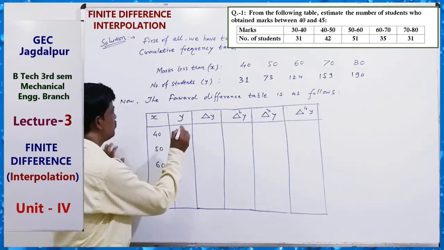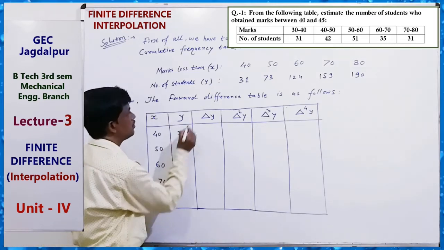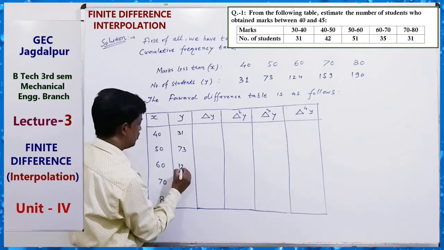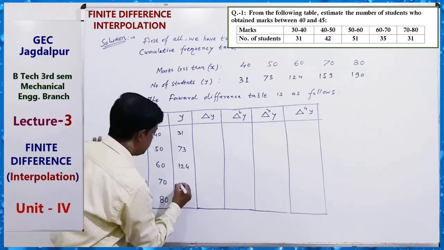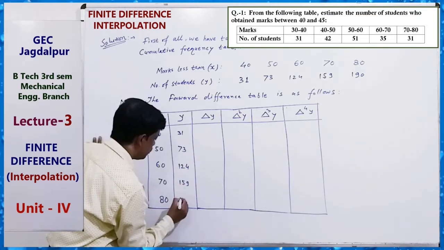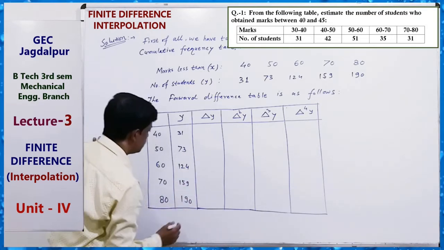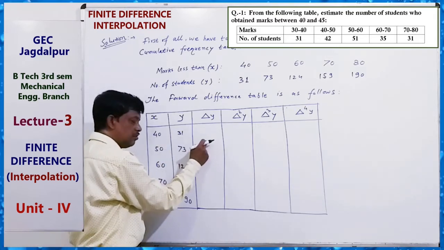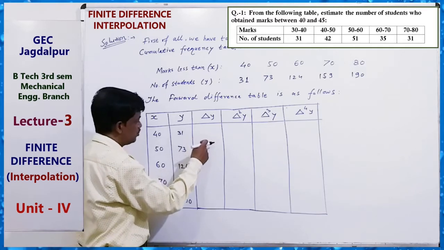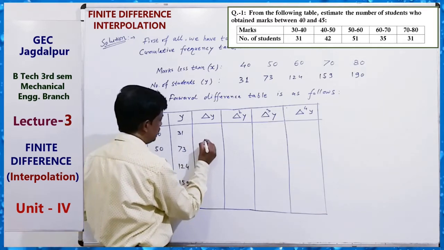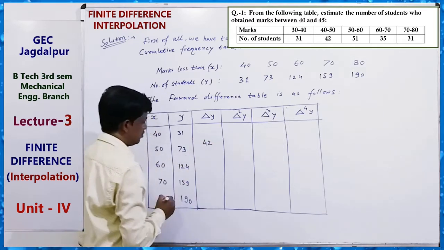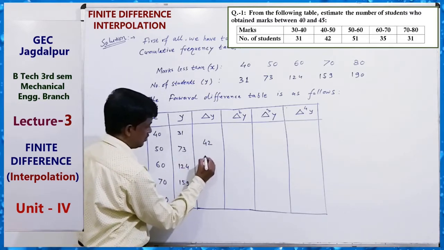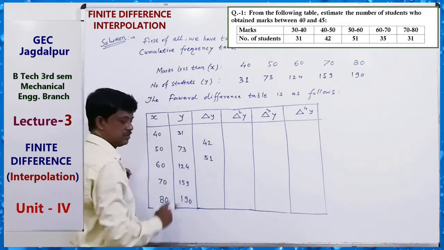Just write the values first: 31, 73, 124, 159, 190. The first difference is 73 minus 31, this minus this, written in between, so 42, 51, 35, 31.